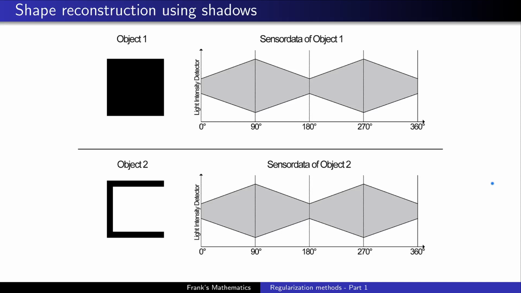And to answer this question, I want to present you two objects, object number 1 and object number 2. And now put these two objects into our black box, into our physical system, and start rotating it and imagine what the light intensity detector measures. And you see that both objects have the same output.